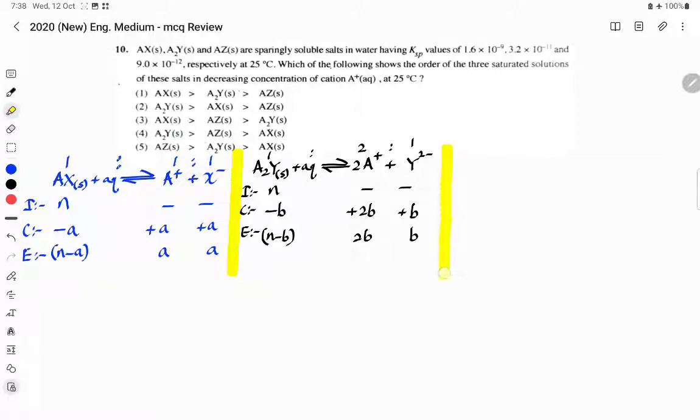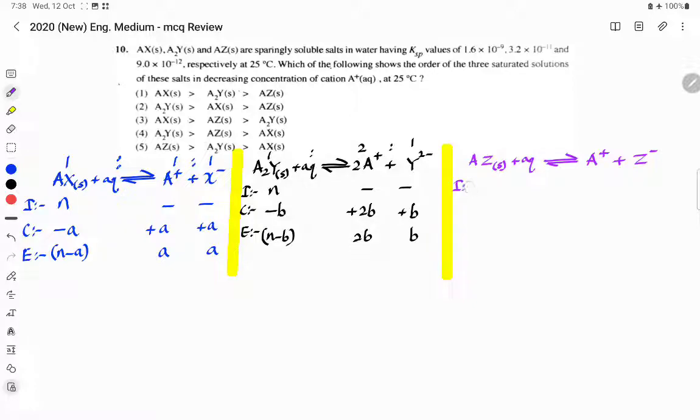The third compound is AZ. AZ solid gets dissolved in water to form a saturated solution, and in the saturated solution there will be A+ and Z-. Now, since this is an MCQ question, I am not writing the aqueous states for the A+ and the anions, but in essay or structured essay questions, you have to write the physical states, otherwise you will lose some marks.